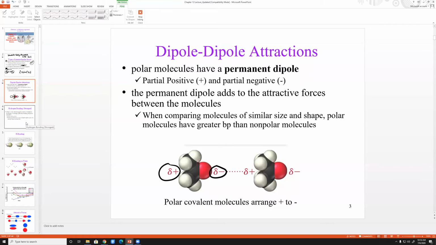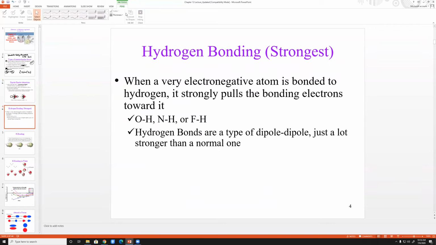Okay. All right. Now, the same concept applies to hydrogen bonding, but the magnitude of strength is a lot larger. This only occurs with very polar molecules, such as water. You've probably heard of hydrogen bonds being associated with water, and this is true. Here's one water molecule.